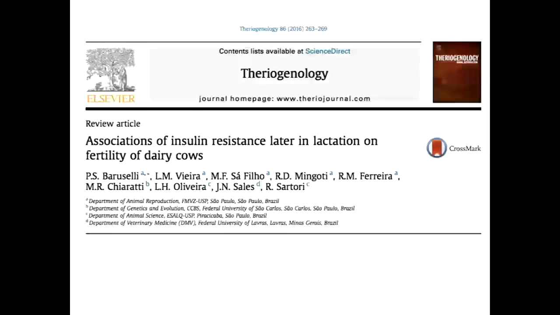So if you would like to know a little more about that or have some questions, we published a review article looking at the association between insulin resistance and fertility in dairy cows.